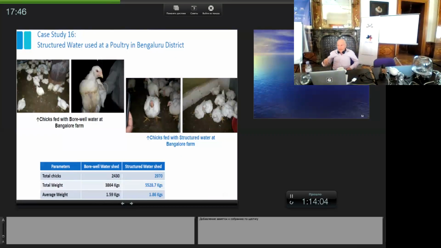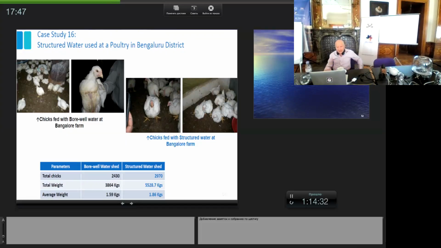So they just give this water to chicken, and the chicken who had this structured water were much more healthy. They didn't have any illnesses. They didn't use any antibiotics, any hormones. And you see, the total weight of some population of chicken was practically twice as much as the normal population.